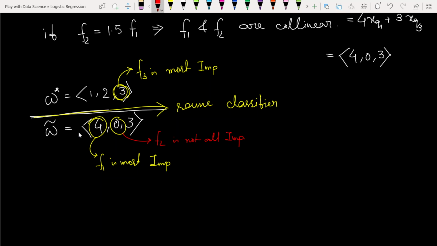So f3 is most important in w star, and in w tilde f1 is most important, but these two are responsible for the same classifier. In such situations, confusion occurs.